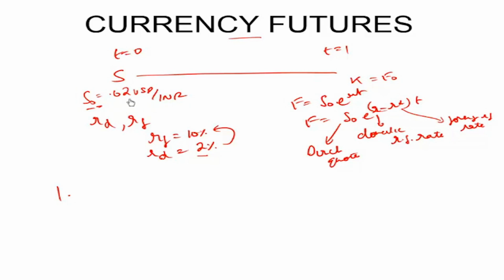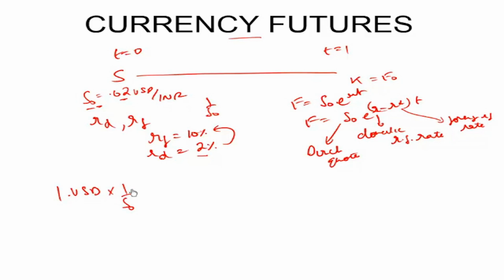So for 1 USD, how much INR will we get? 50. That is nothing but 1 upon S0. For 1 USD, we will get 1 upon S0 INR, because for 1 INR we get 0.02 USD. For 1 USD we'll get 1 upon S0, or 50 INR.